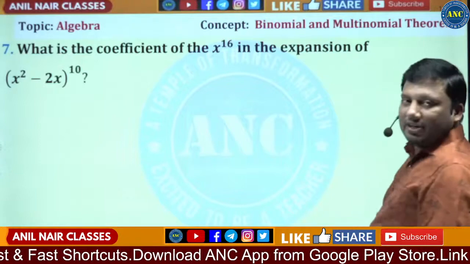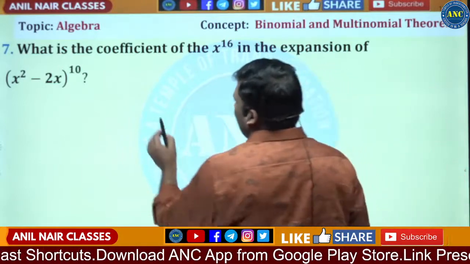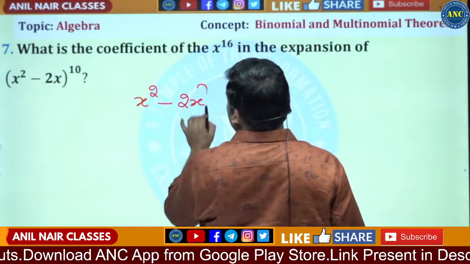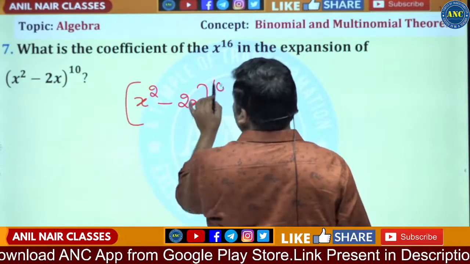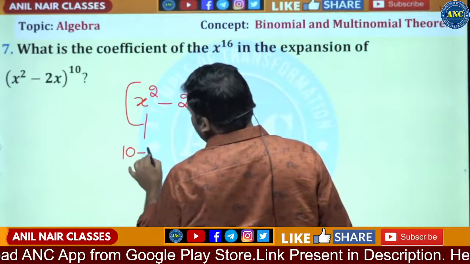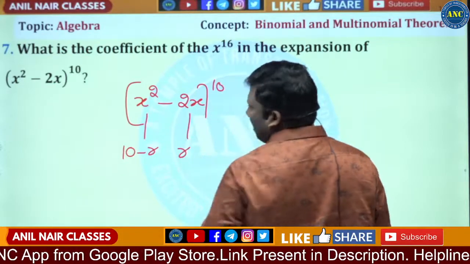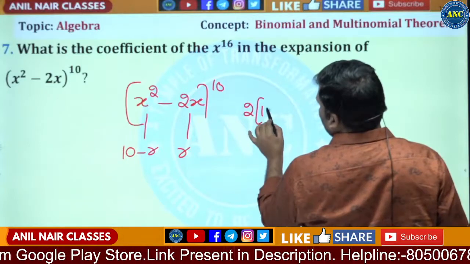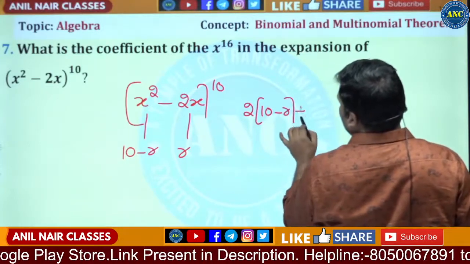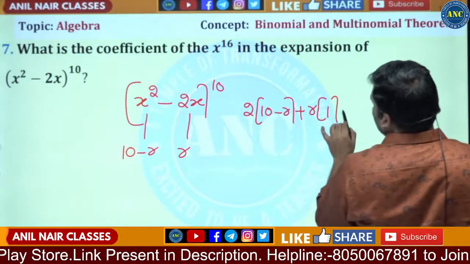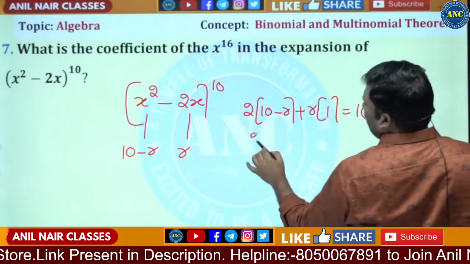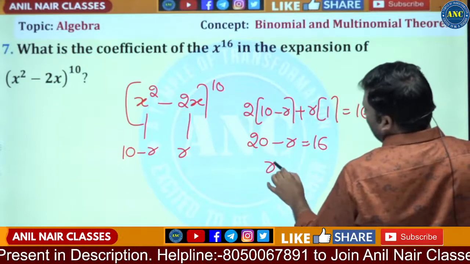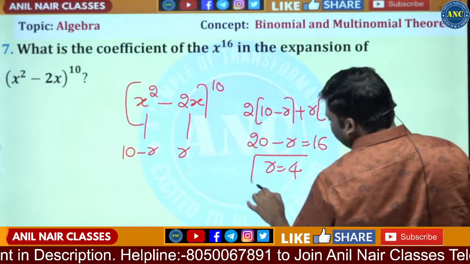What is the coefficient of x power 16? Question is x square minus 2x, whole power 10. So this will take 10 minus r and this will take r. Power of x should be 16. So 2 into 10 minus r plus r into 1 is equivalent to 16. 20 minus r equivalent to 16, r equivalent to 4.